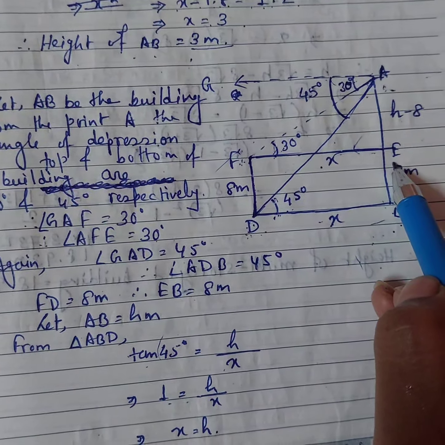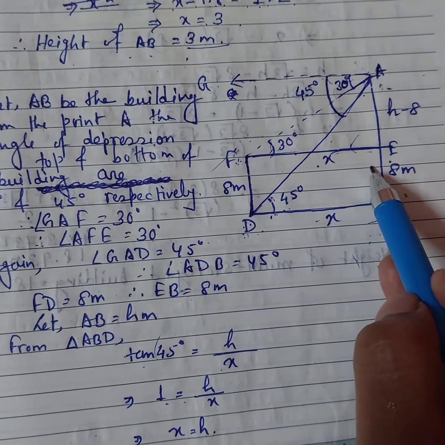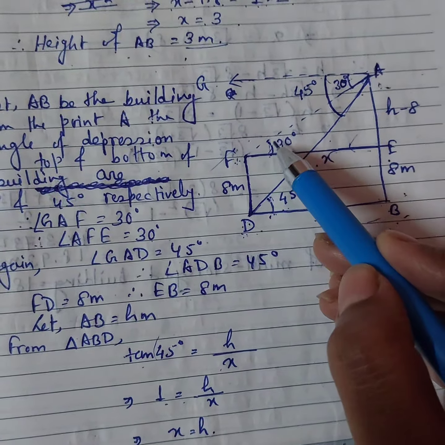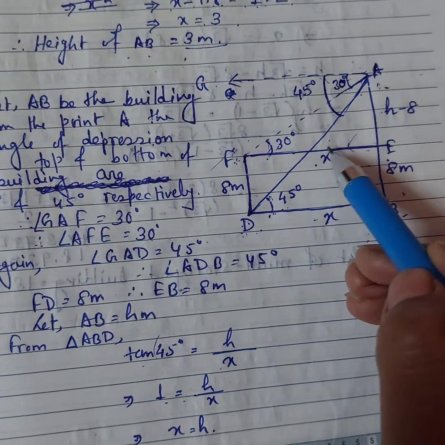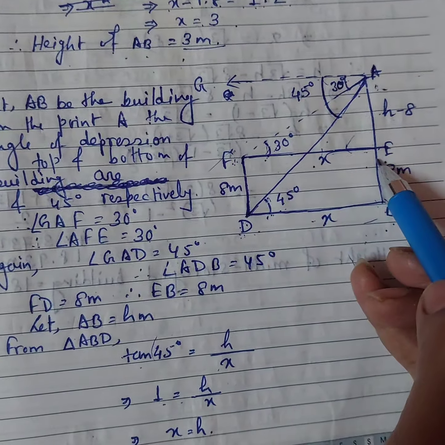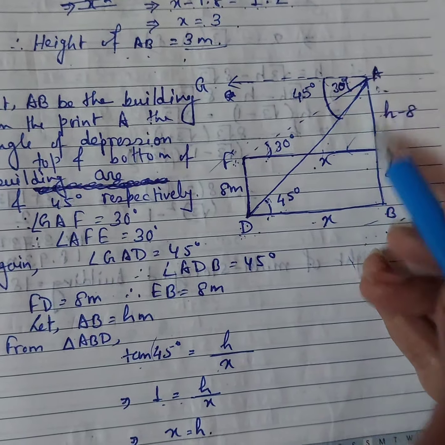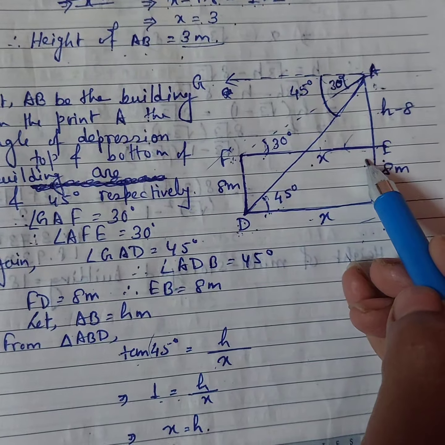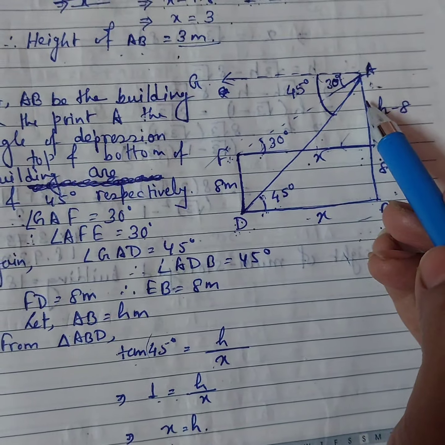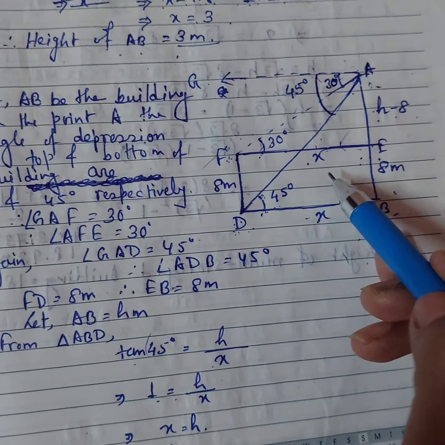So from triangle AFE, tan 30 degree is equal to perpendicular by base, that means AE by EF. So tan 30 degree equals AE by EF, that will be tan 30 degree equals h minus 8 by x.